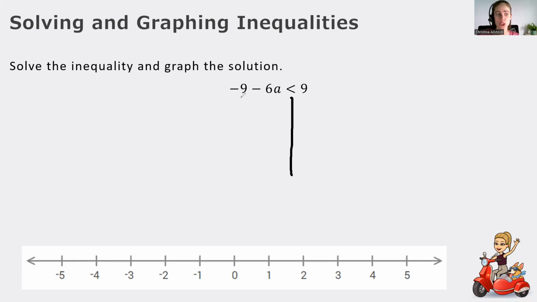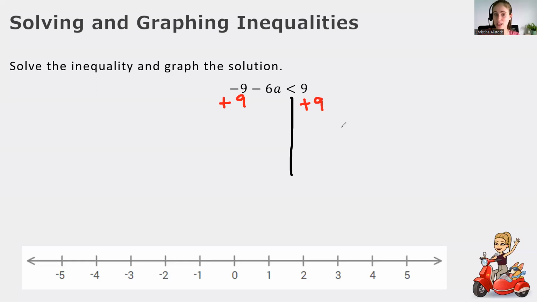Meaning the first thing we need to do is get rid of anything that's being added or subtracted. And in this case, we have a -9. Well, the opposite of a negative is a positive, and remember, positive and addition is one and the same. So we're going to add 9 to both sides of our equation.